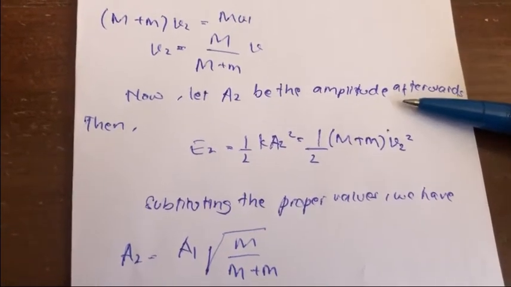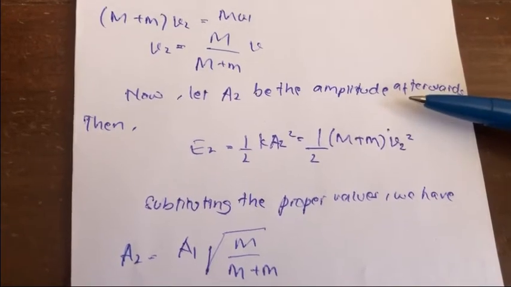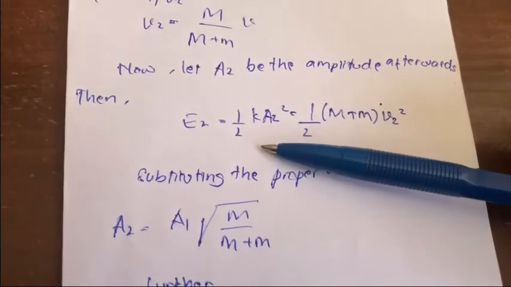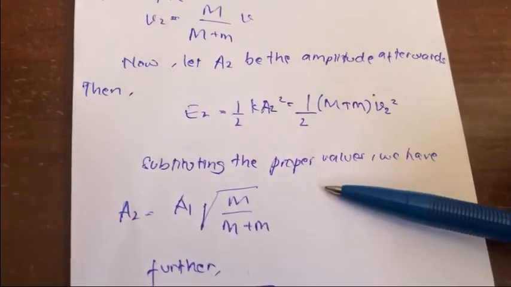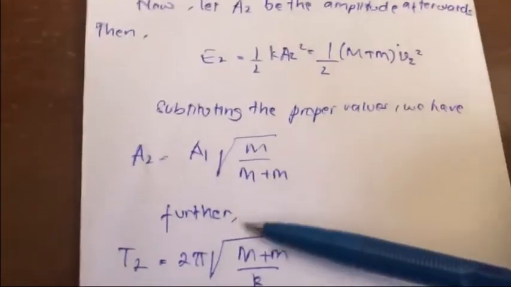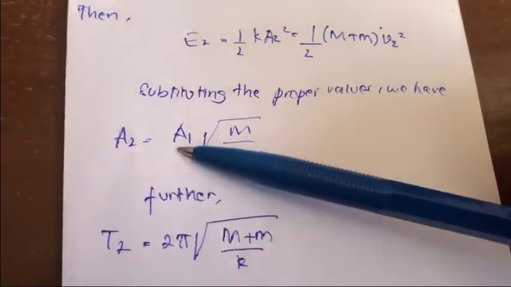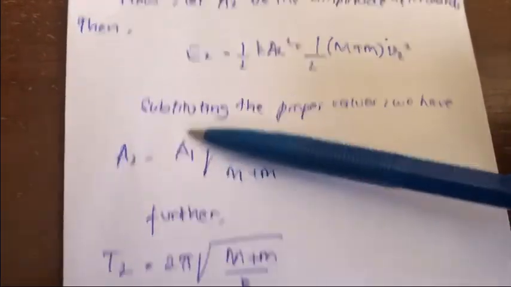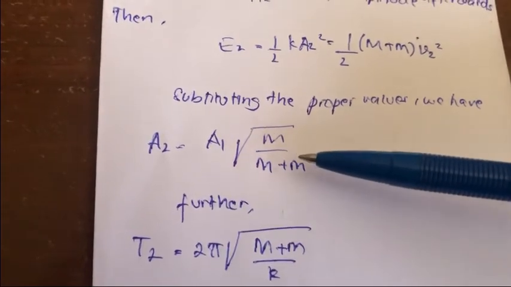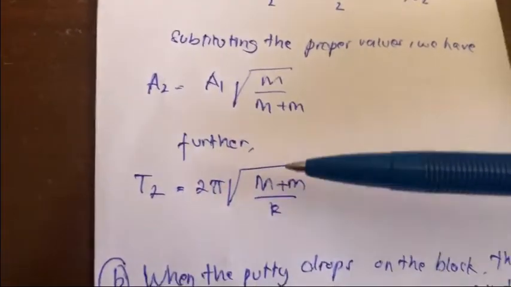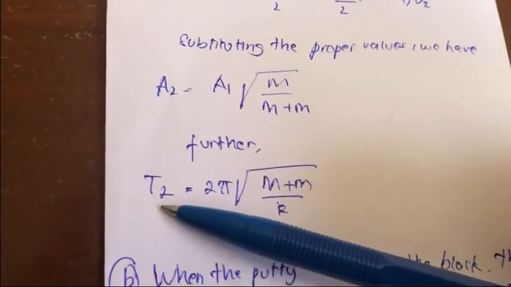Now let A2 be the amplitude afterward. Substituting the proper values, we have amplitude A2 is A1 times root of M divided by (M plus m), and further this is the period 2.